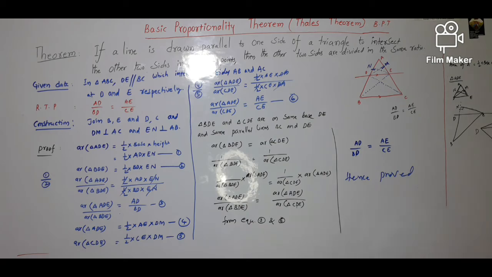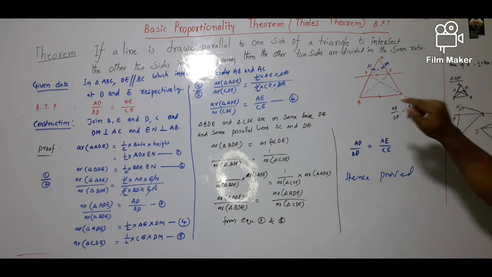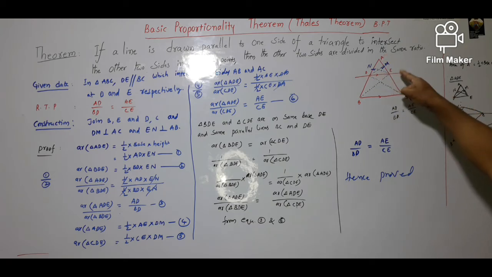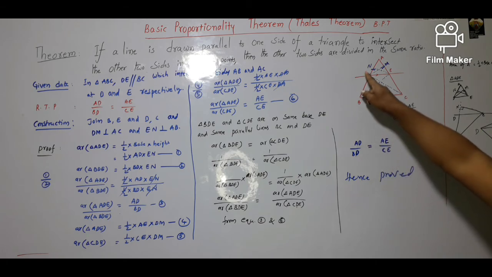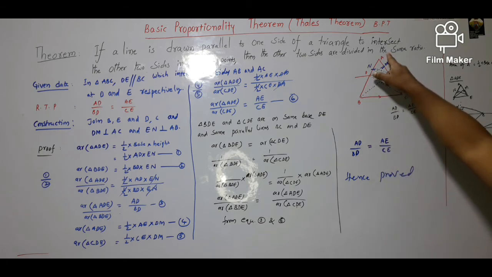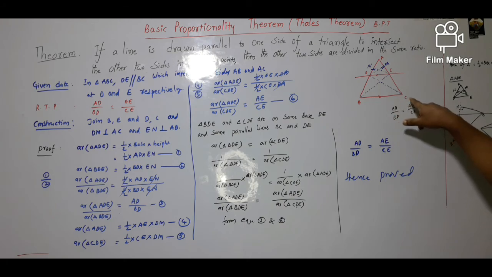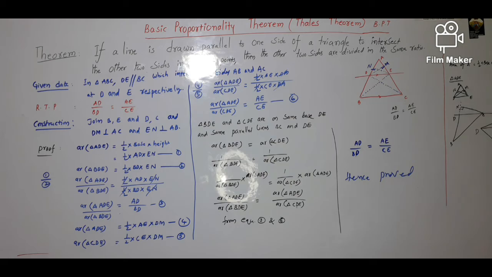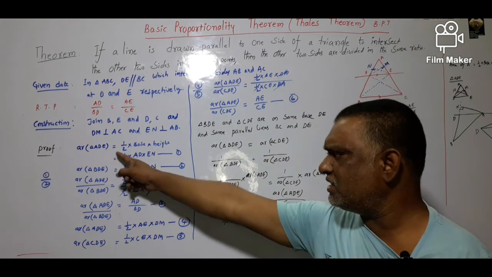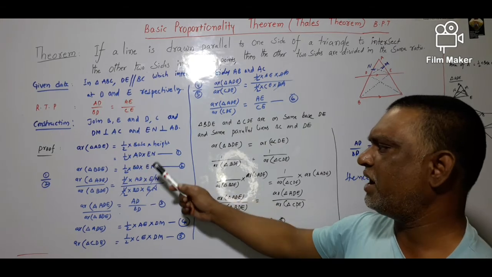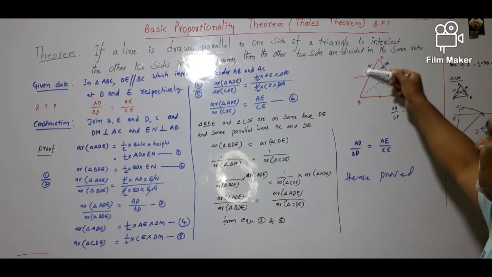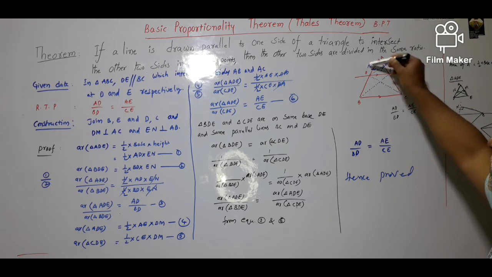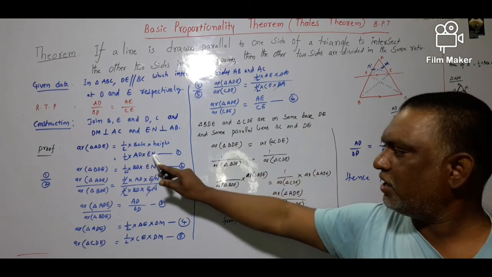Now we work with the areas of triangles: first triangle ADE, next triangle BDE, and triangle CDE. Area of triangle ADE is equal to half into base into height, half into AD into EN.